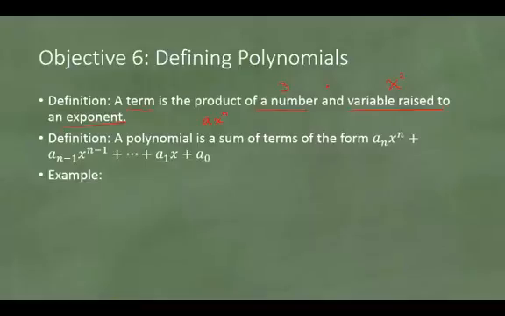A polynomial is a sum of terms of the form a sub n x to the n, plus a sub n minus 1 x to the n minus 1, etc. As an example, take any number, let's say 3, and variable, let's say x, raised to some power 5, plus some other number, let's say negative 2x to a different power, let's say 7.